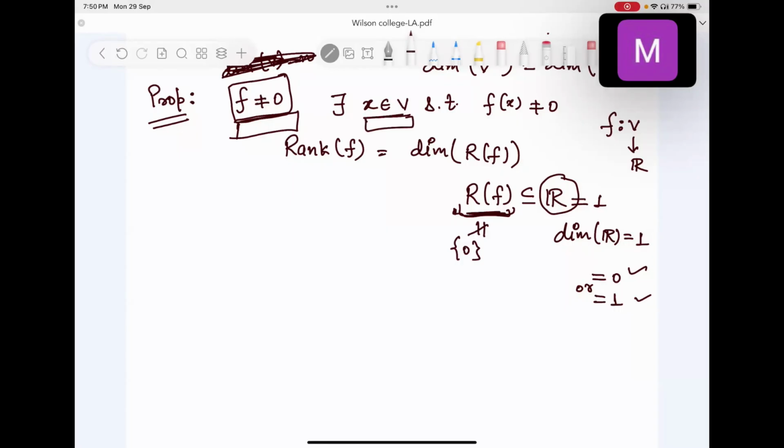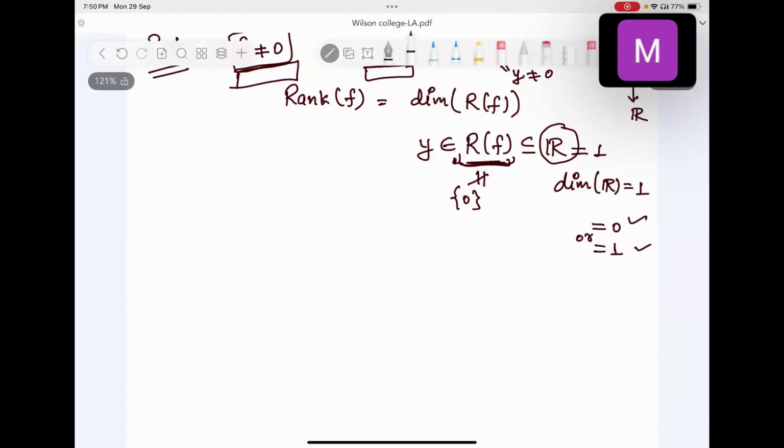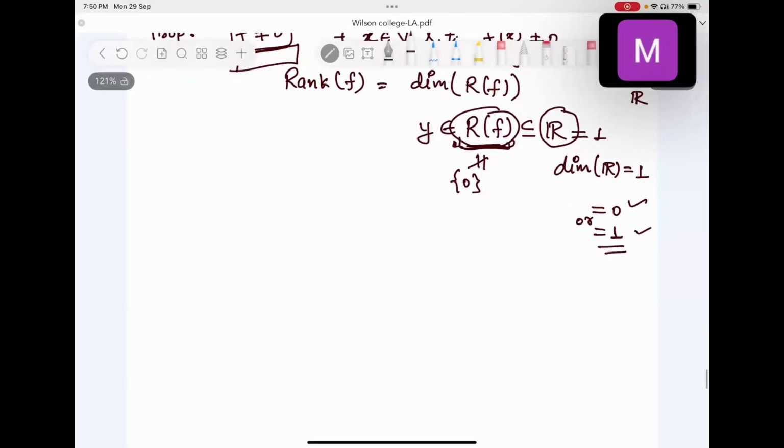This vector, I should say y, equal to f of x, belongs to the range of f, and this is not 0. So the dimension cannot be 0. The only remaining option is that the dimension is 1. So the rank of a non-zero linear functional is always equal to 1.